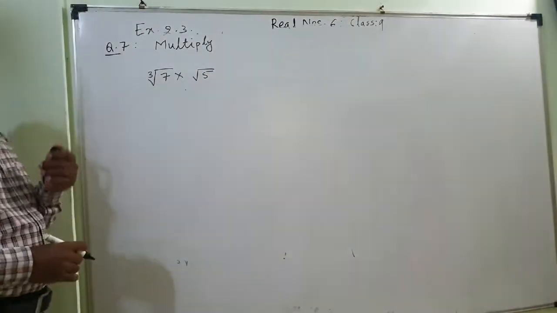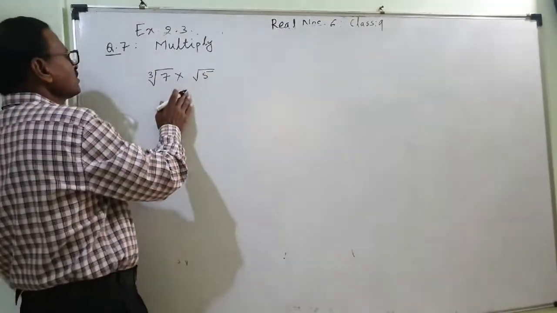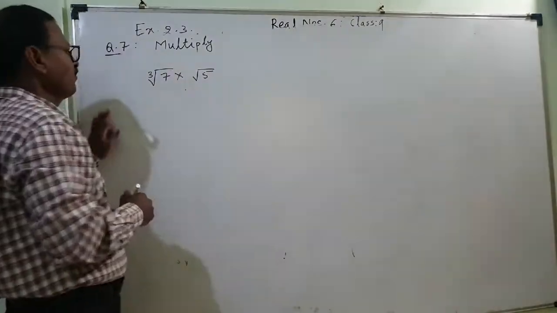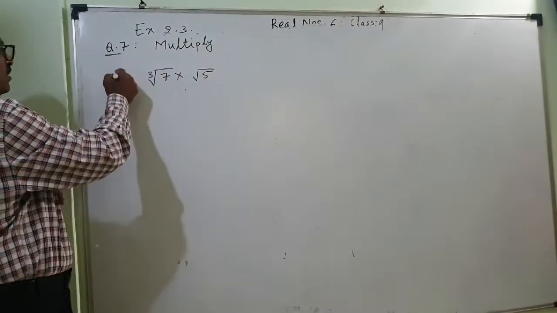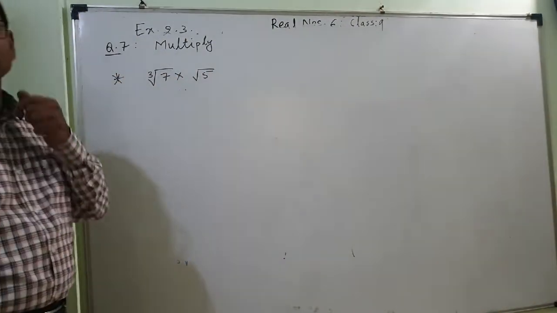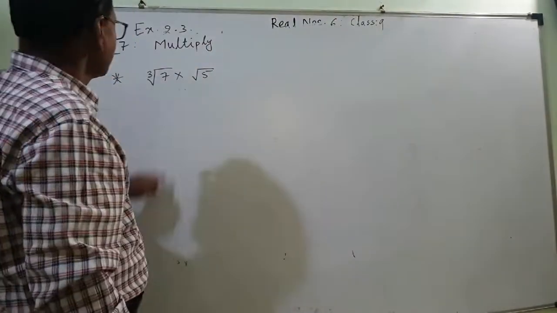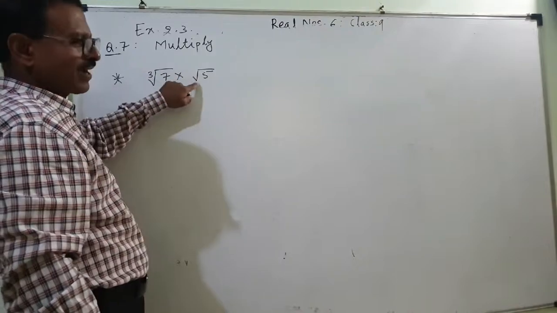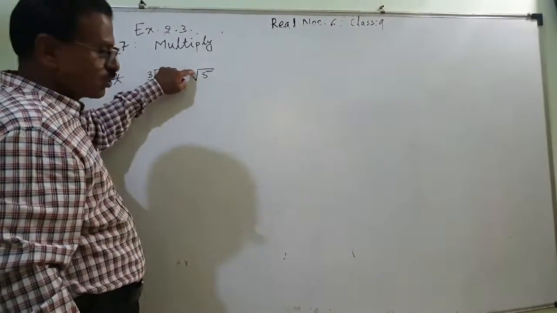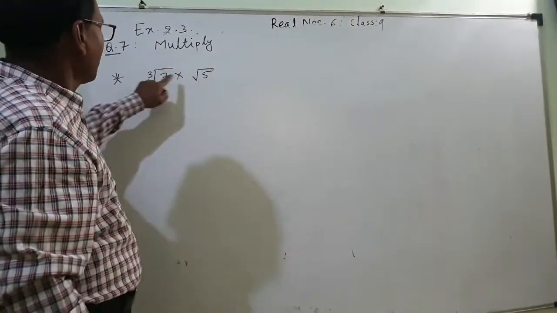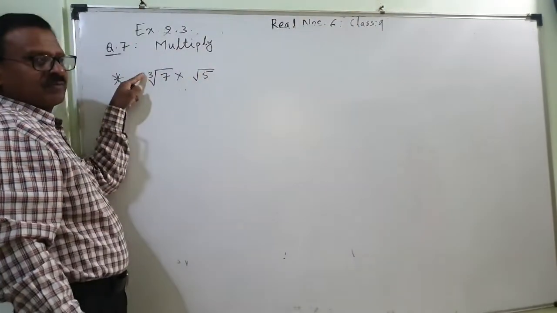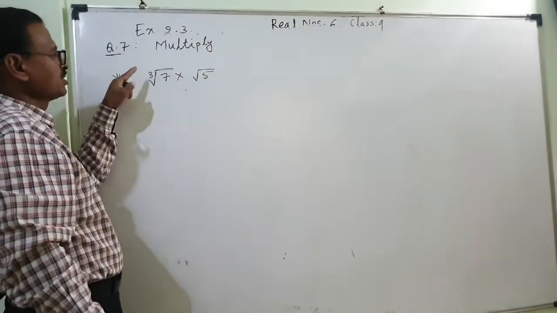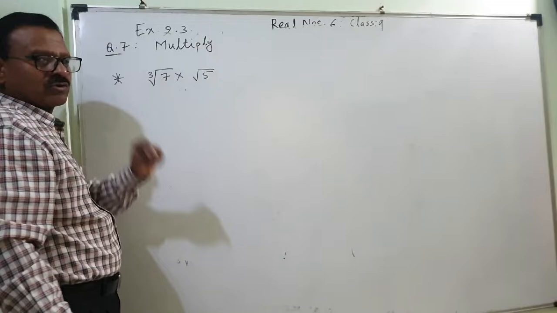How to solve this? I will take some smaller number. Okay, let it be. This is not from the textbook. This is for the scholar students. Now here the orders are different. This is the quadratic surd because here it is 2. It is a quadratic surd. And this is the cubic surd. Here it is 3. This is the cube root and this is the square root.